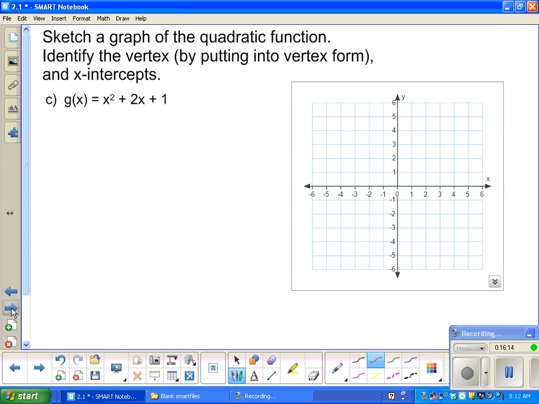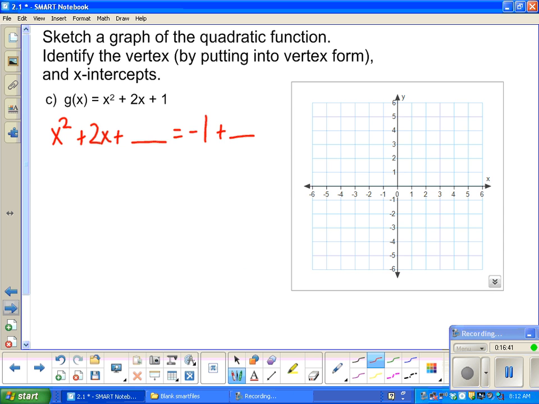Okay, sketch a graph of the quadratic function. Identify the vertex by putting into vertex form and the x-intercepts. All right, this one's going to take us a little longer. To put it into vertex form, we're going to have to complete the square. So if we complete the square, we end up with x squared plus 2x plus something equal -1 plus something.